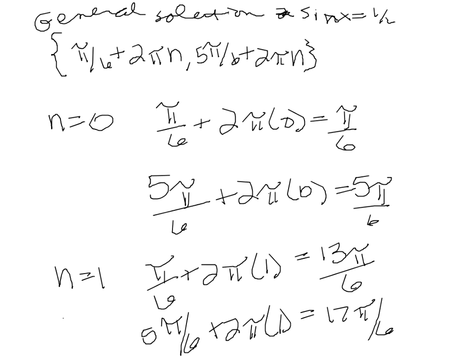And so depending on what n I choose, if I go through the integers 0, 1, 2, 3, and so on, and minus 1, minus 2, minus 3, and so on, I'll generate all of the solutions to sine x equals 1/2. Okay, so this is the general solution.